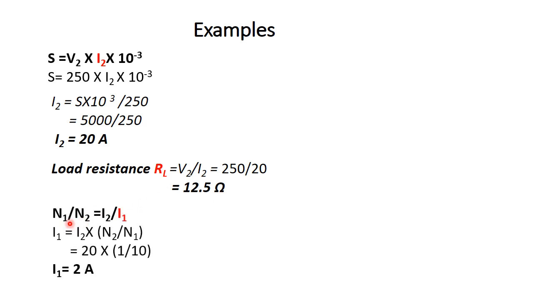N1 by N2 equals I2 by I1, that is our transformation ratio. So I1 equals I2 multiplied by N2 by N1, that is equal to 20 multiplied by 1 divided by 10. So I1 is 2 ampere.